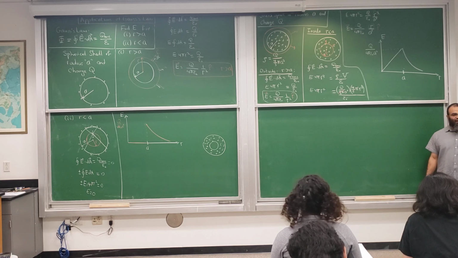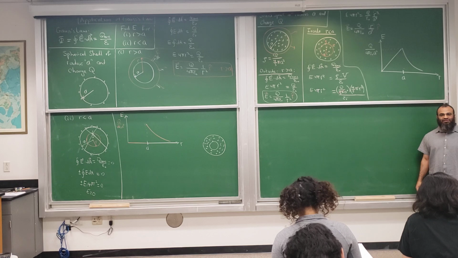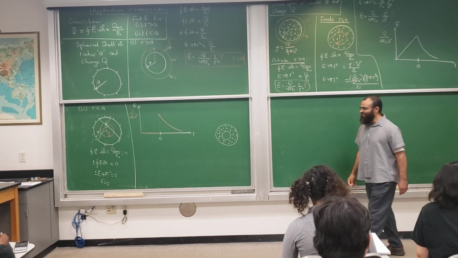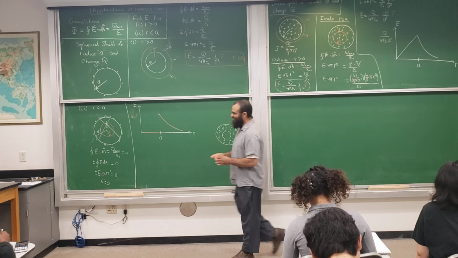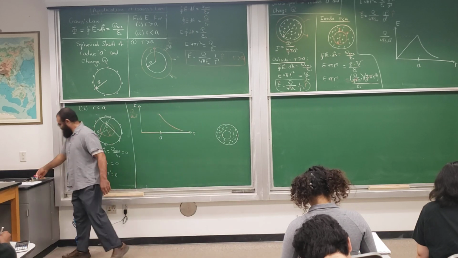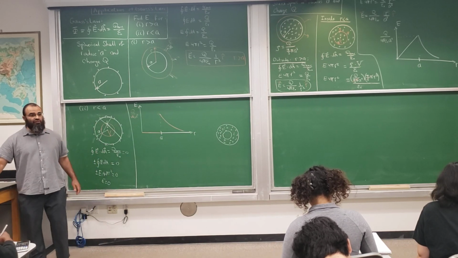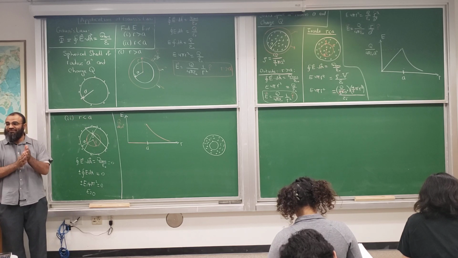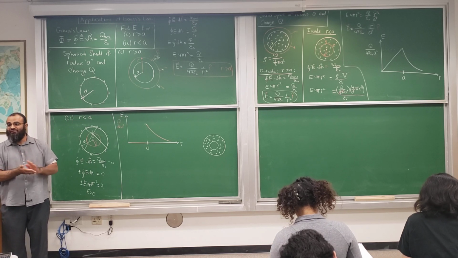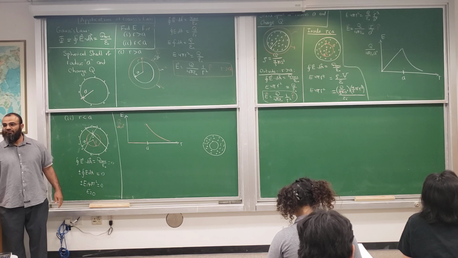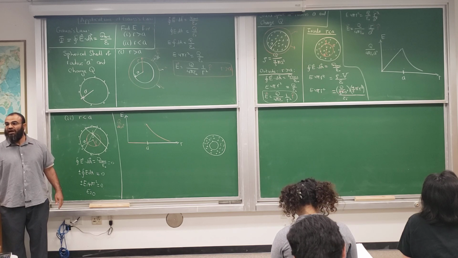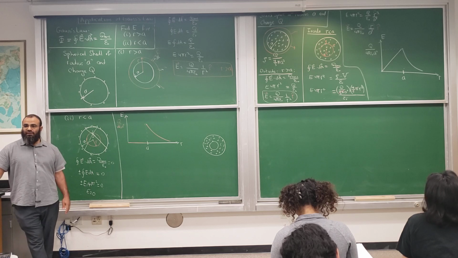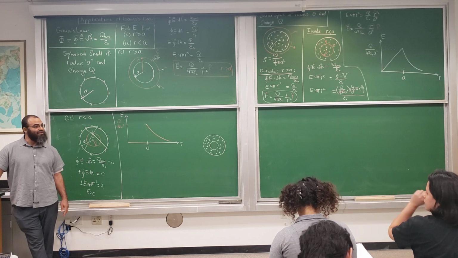We're going to discuss conductors, insulators. That's the next part. And then if there is time, we will do one or two more examples of Gauss. For the sphere, that point A, is it right on the surface?